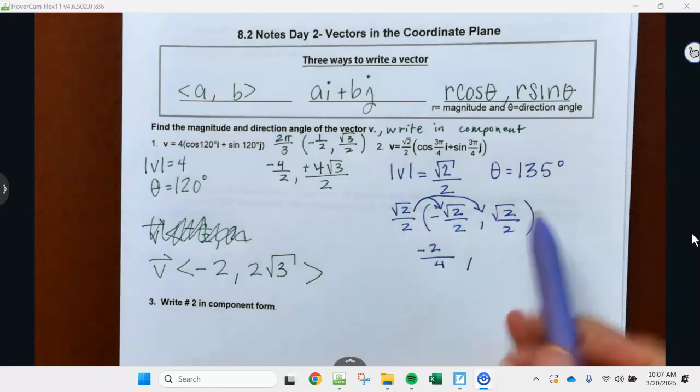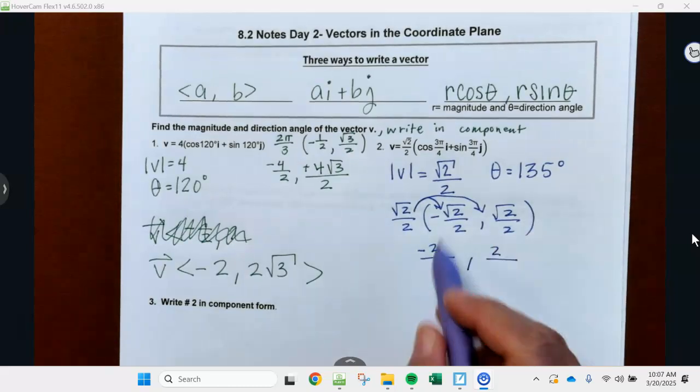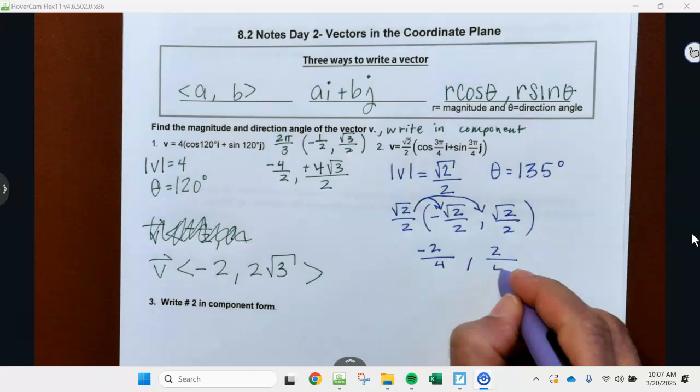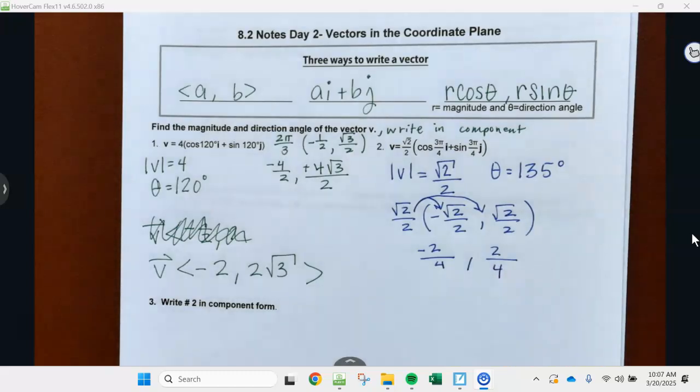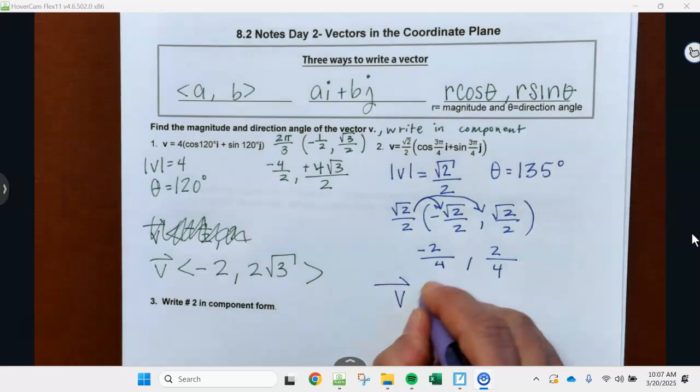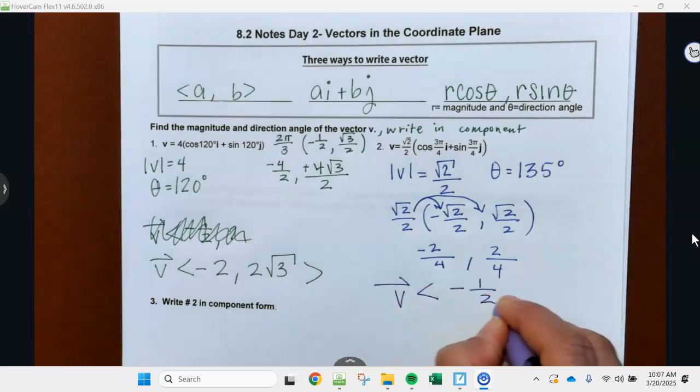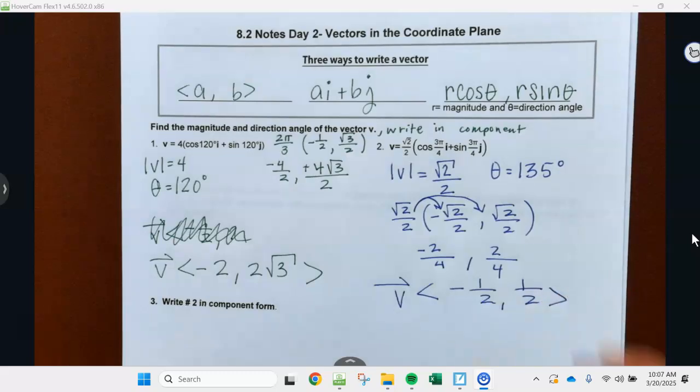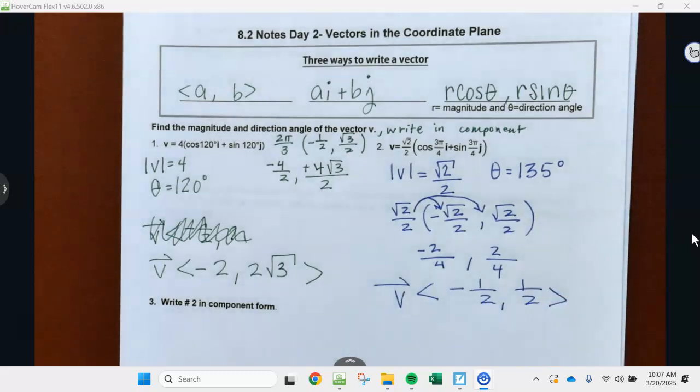Over here, root 2 times root 2 is a positive 2. 2 times that denominator is 4. So this vector in component form is negative 1/2, positive 1/2. Any questions on identifying the direction angle or identifying the magnitude?